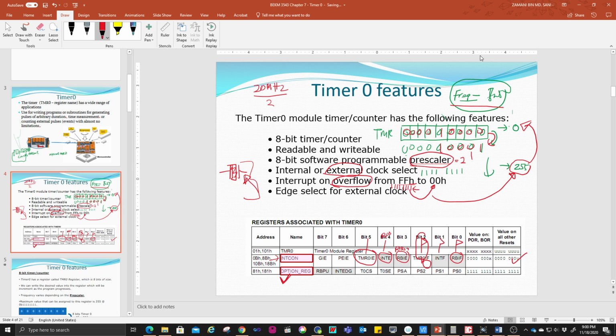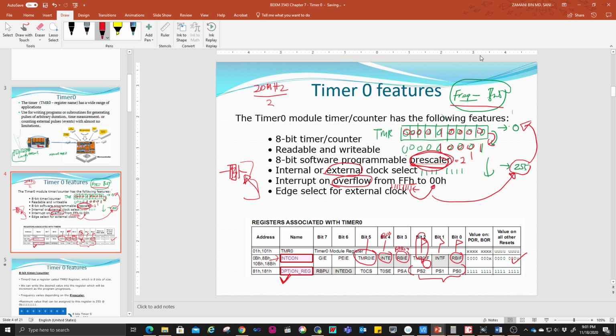Okay, this is the option register, another register that you need to set if you are using timer 0, because these are the bits that give you the prescaler value. The ones that you are going to change, in fact the prescaler, are these 3 bits.